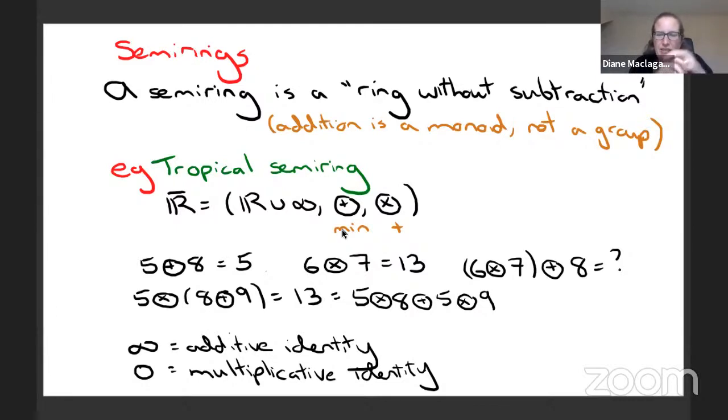Then you're going to run into trouble getting a semi-ring structure. So you have to make a choice. I've chosen plus infinity and min. You could equally choose minus infinity and max. Those would both be perfectly good semi-rings.